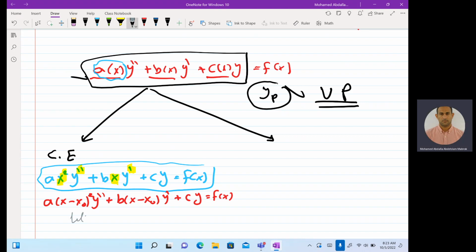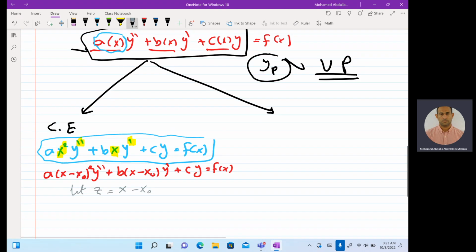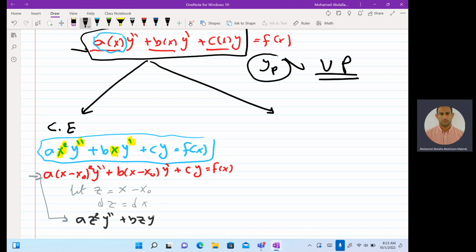we let z equal x minus x naught, and then we turn this differential equation into a differential equation in z by just doing dz equals dx. So this differential equation can be written as a z squared y double dash plus b z y dash plus c y equals f of x.